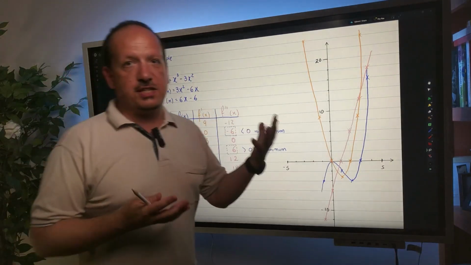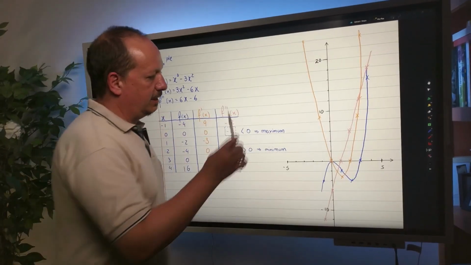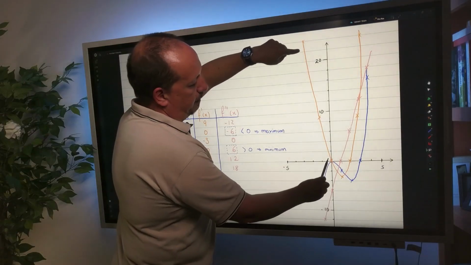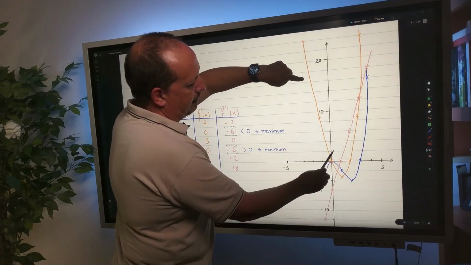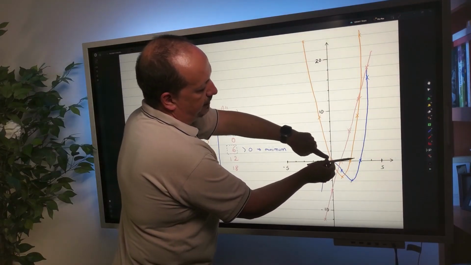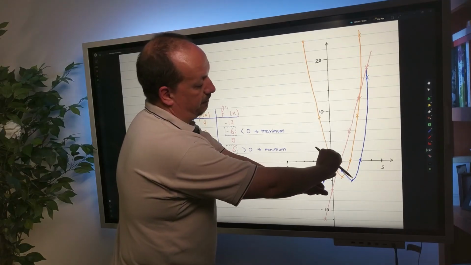What I just described is represented here in orange. Again, I'm going to do it again, and look at the orange. Big and positive, but getting less positive, but still positive. Here it's 0. Now it starts getting negative.